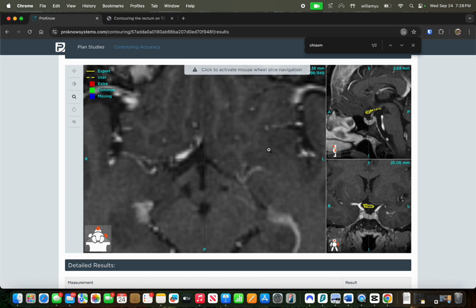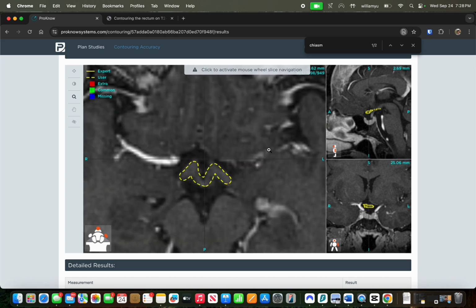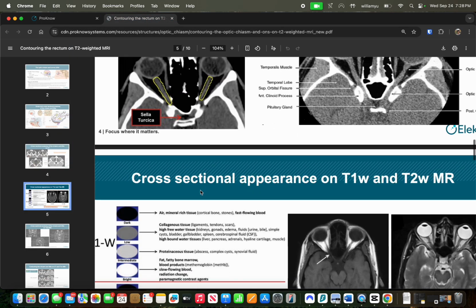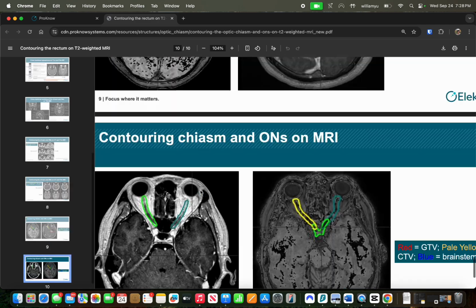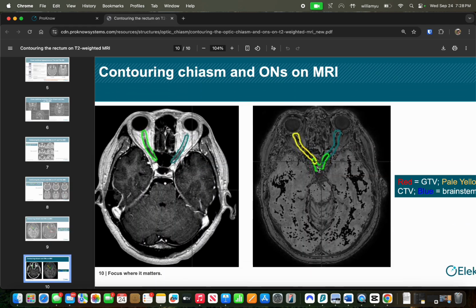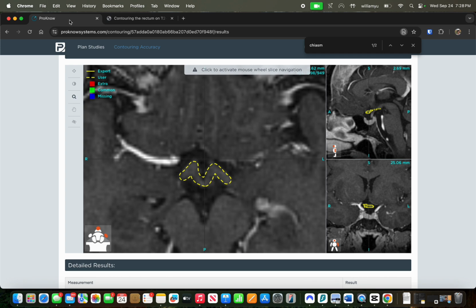The interesting thing about this optic chiasm is that it never ends up looking like an X, which is what I was expecting from the guidelines. That means I shouldn't be relying on the guidelines too much.